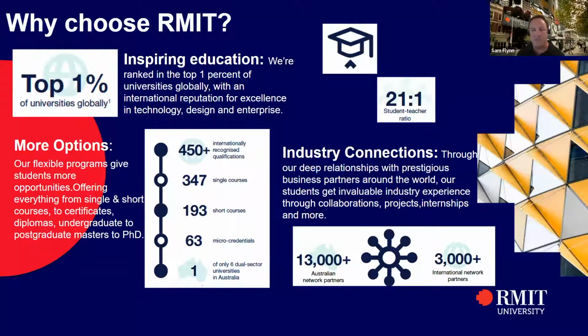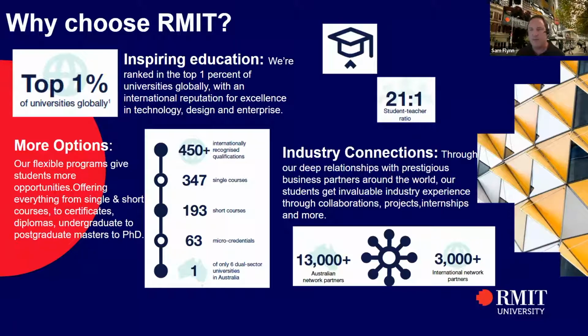I know for most of your students, the number 1 goal is that employment outcome at the end. So RMIT is very highly ranked in terms of employability. One of the reasons for that is our industry connections. We have lots of partnerships with industries, not only in Australia, but around the world.